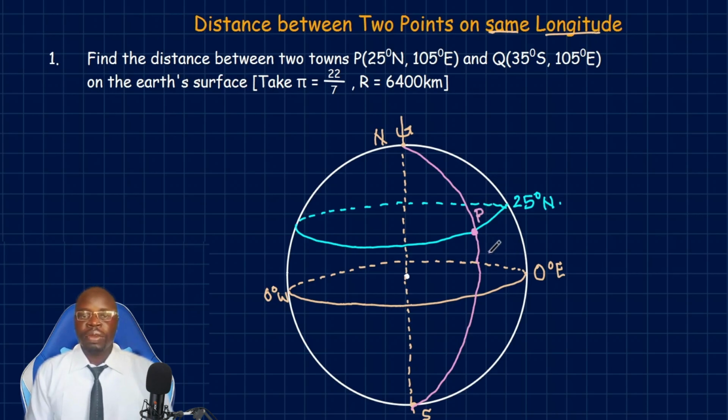The next thing we have to do is to locate point Q. Q is in the southern hemisphere because we have S as its latitude. So we have to estimate, and remember 25 is nearer to this point, and 35 should be a little bit farther from the latitude 0 degrees. So if this is our 35 degrees, we can indicate it here, south from the reference point.